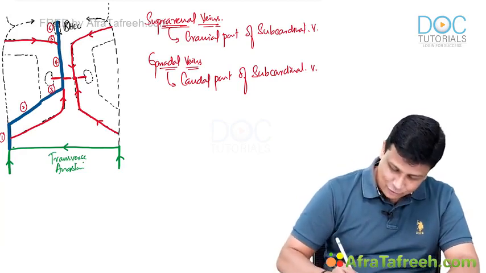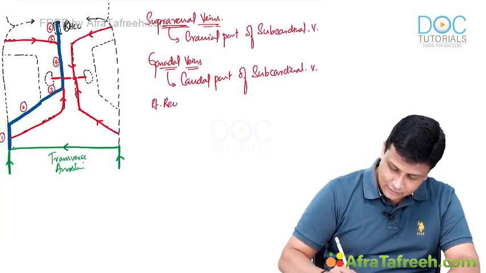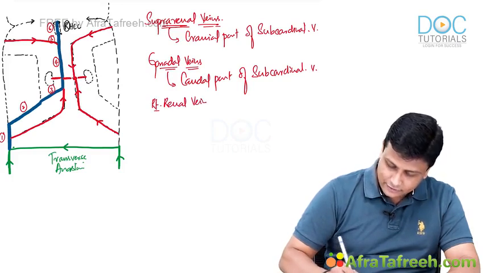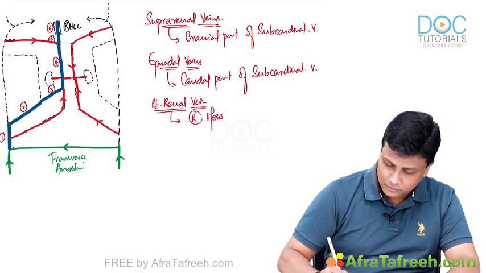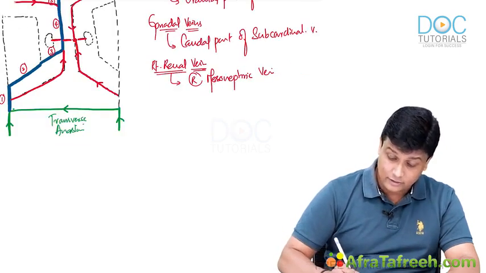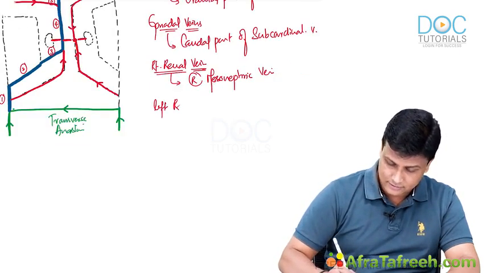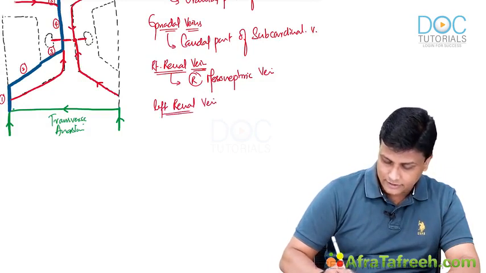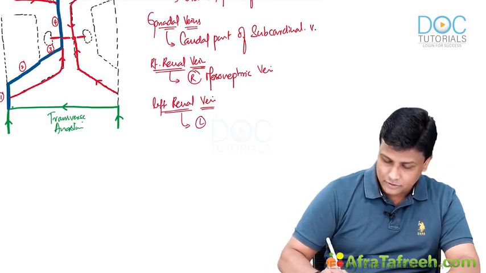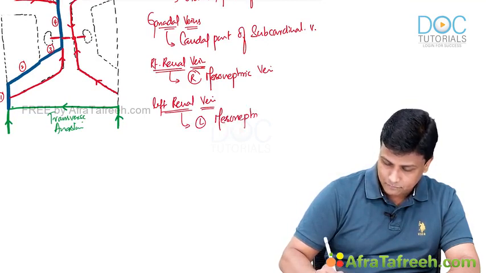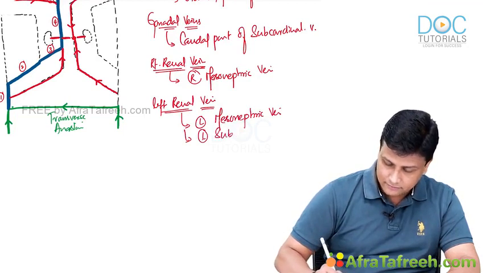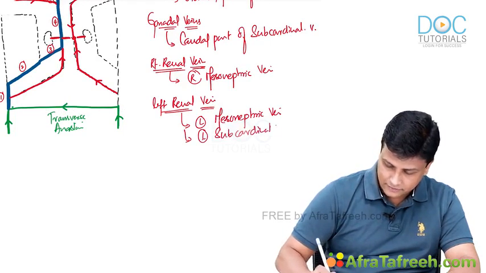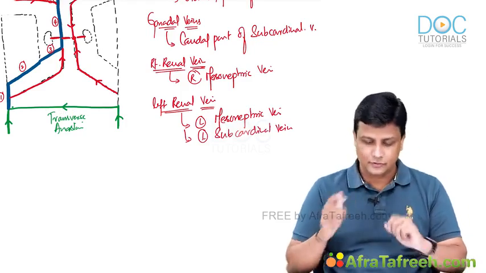So the right renal vein is very easy. It is only and only derived from the right mesonephric vein. But the left renal vein is derived from three sources. Number one, the left mesonephric vein, and then the left subcardinal vein, that subcardinal vein which is in between those two, sandwiched between them.